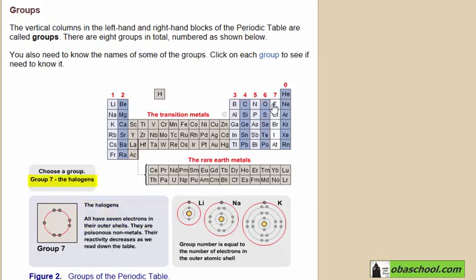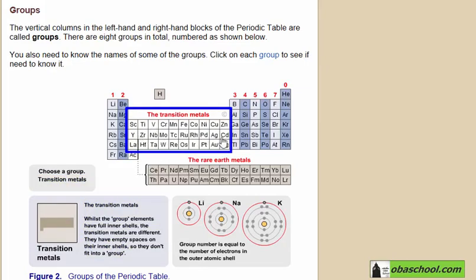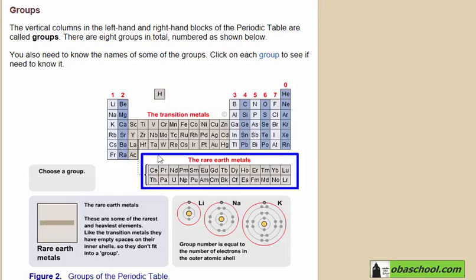Group 7 is called the halogens, and all elements have 7 valence electrons or 7 outer electrons. And group number 0, which is sometimes numbered as 8, are the noble gases. These are very unreactive because they have full outer shells. Over here we have the transition metals, and here we have the rare earth metals.